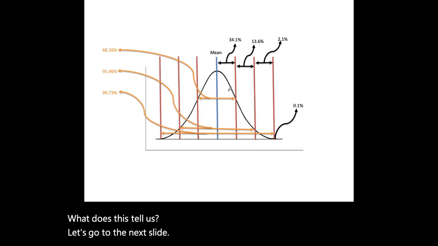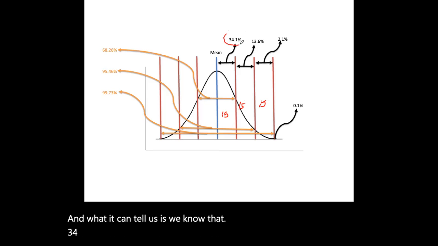Remember, we have 15, 15, and then another 15 here. And what it can tell us is we know that 34.1% of people will fall between 100 and 115.